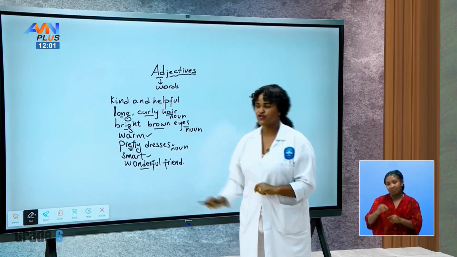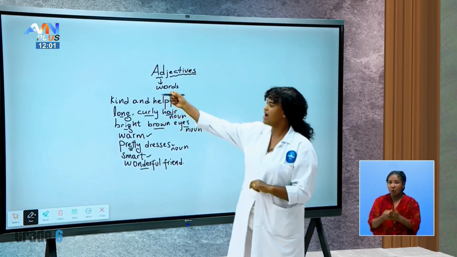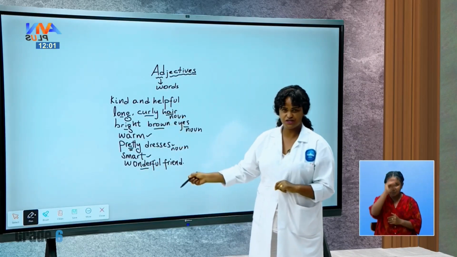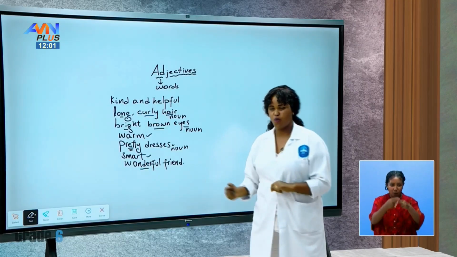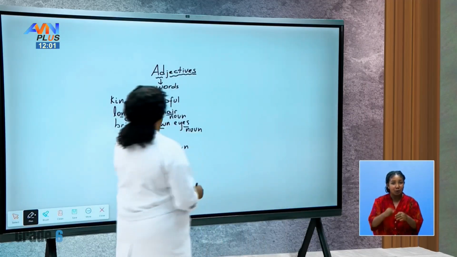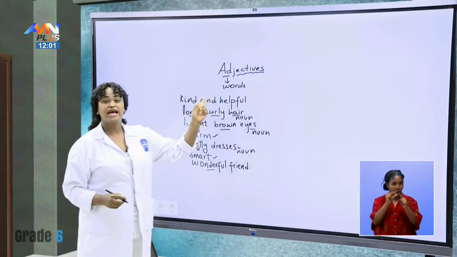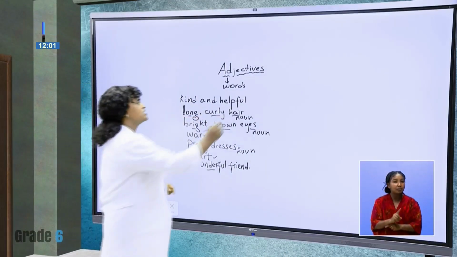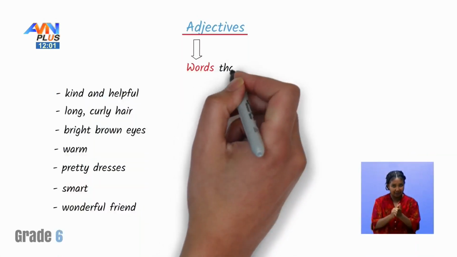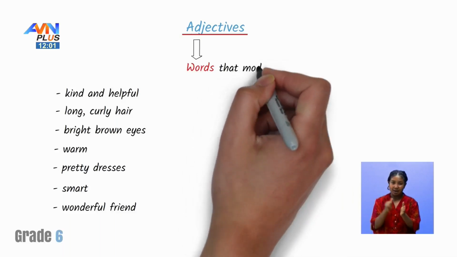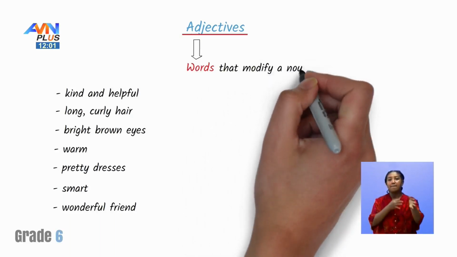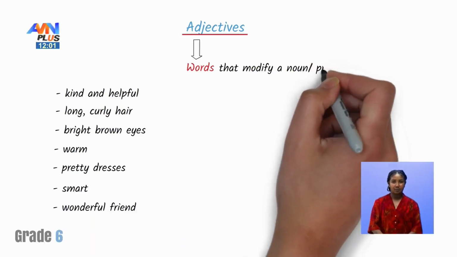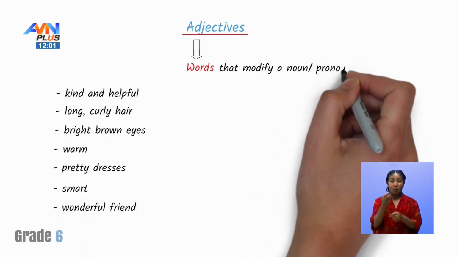Wonderful. So, what do we see after all these adjectives? We find what? A noun. So, when we say adjectives are words, what kind of words? Words that modify a noun, or pronoun.